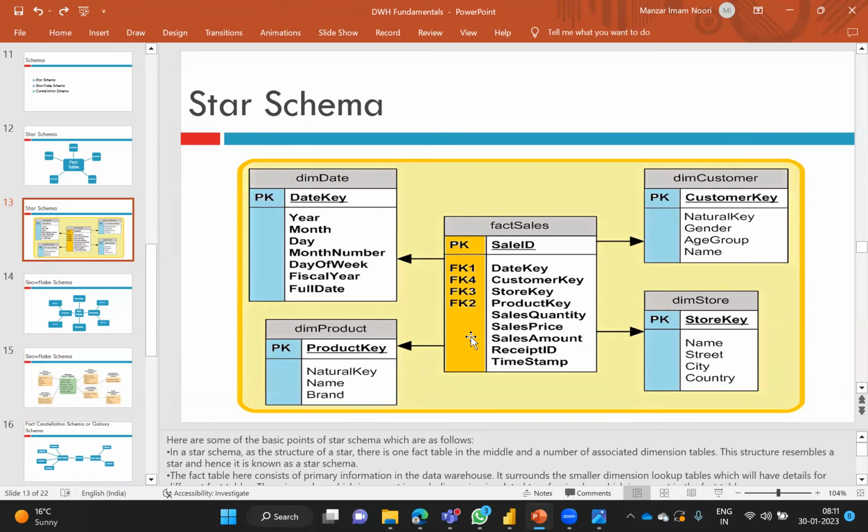So what is the benefit of this denormalization? You just need to create one relationship. You don't have to create a complex relationship, like from this fact table to this dimension table to another dimension table. You just need one connection. And this is faster even.